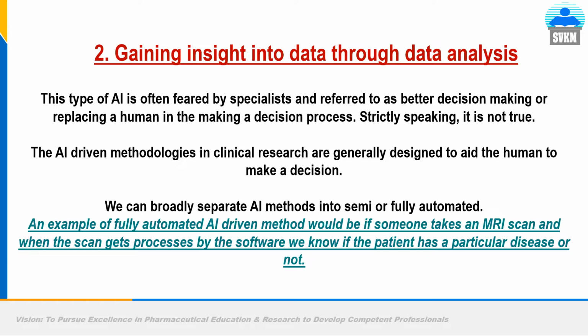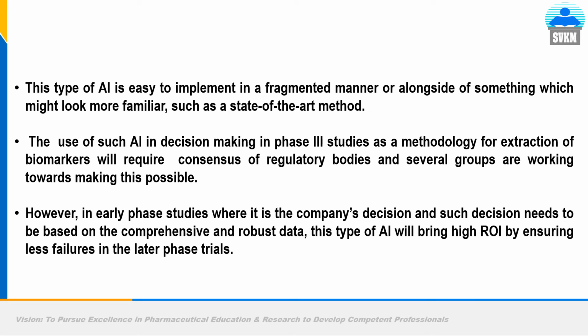An example of a fully automated AI driven method would be if someone takes an MRI scan, and when the scan gets processed by the software, we know if the patient has a particular disease or not. This type of AI is easy to implement in a fragmented manner or alongside something which might look more familiar, such as a state-of-the-art method.